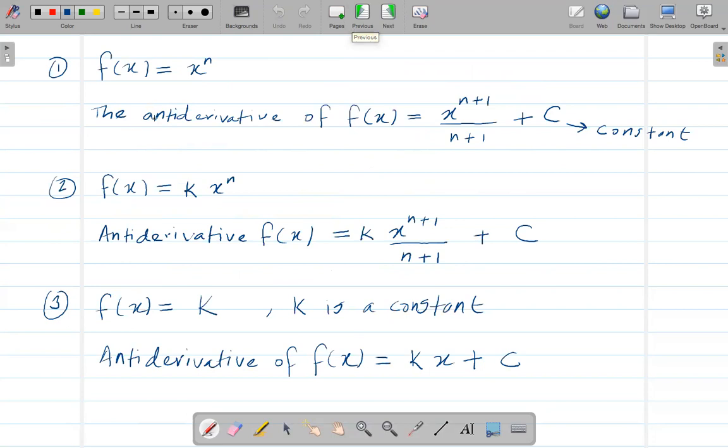This is a pretty short section. Let me do 1 or 2 examples, and then we'll be done. So the first example here: let's say f prime of x is given, which is x times square root of x, and we need to find f of x.